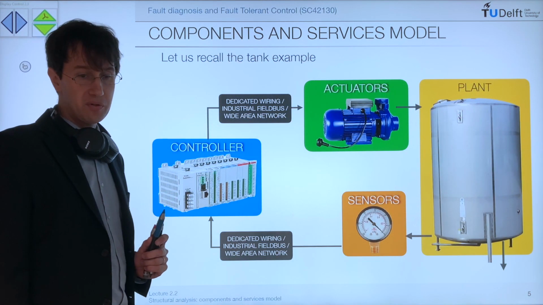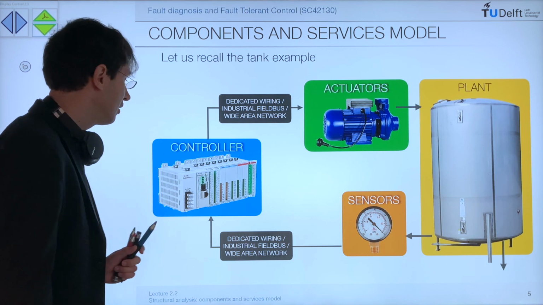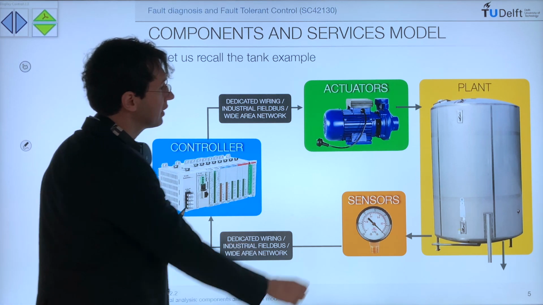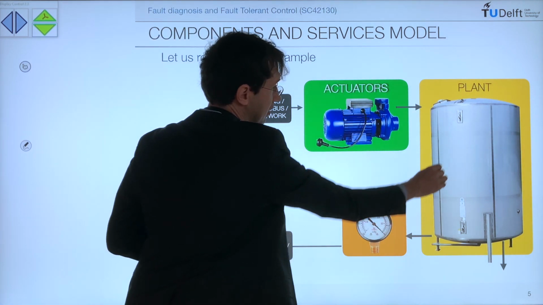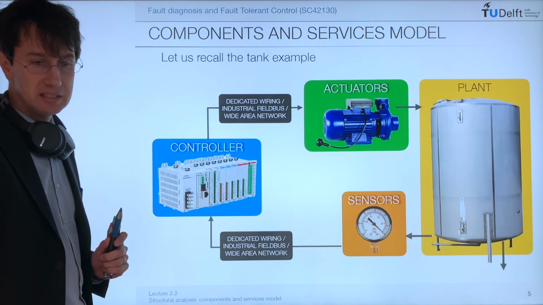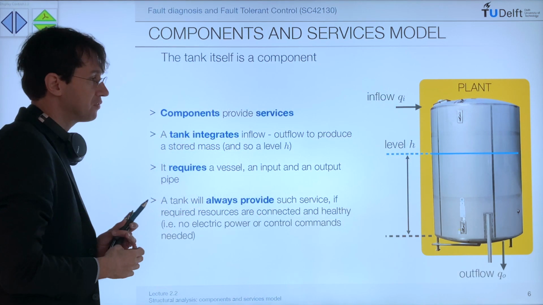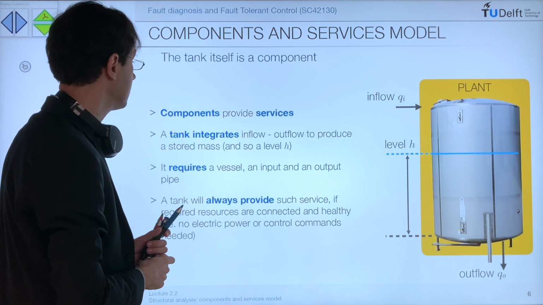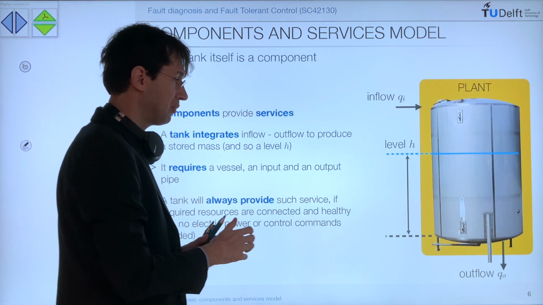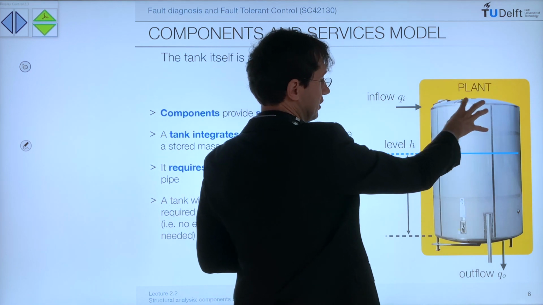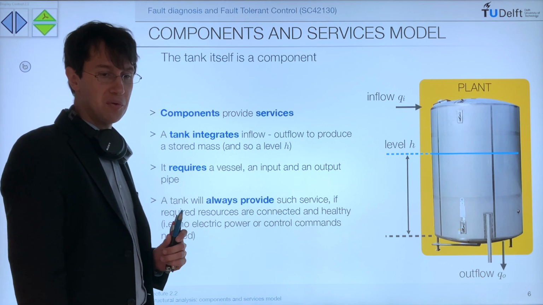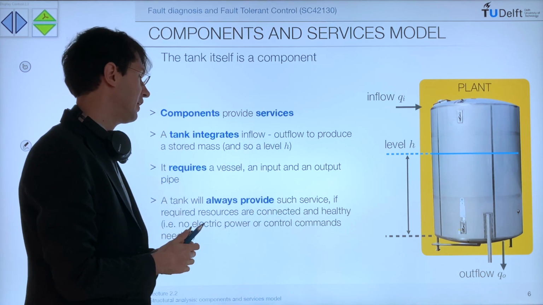Or we can also recall the tank example, where we have the controller, the wiring, the communication network, actuators, sensors, and the plant itself. So we can actually use this example, as it is simple enough, to introduce the formalism of the component and services model. So the first thing is that when we look at components, we are interested not so much in the component itself, but from a system point of view, we are interested in the services it is providing.